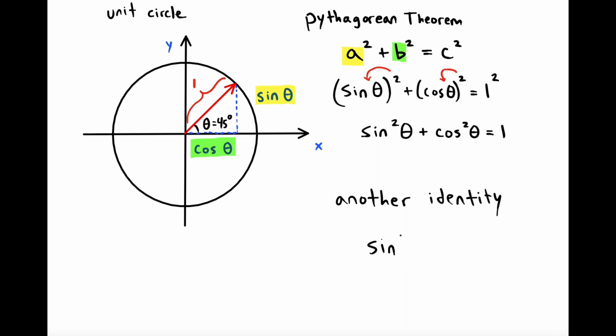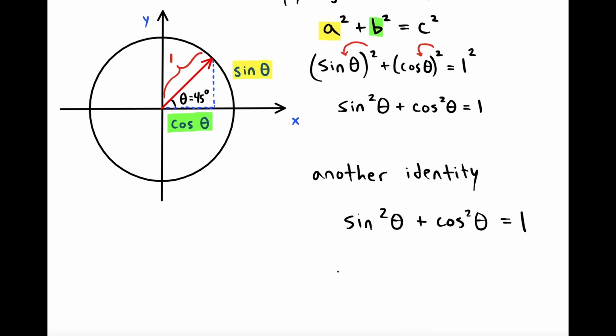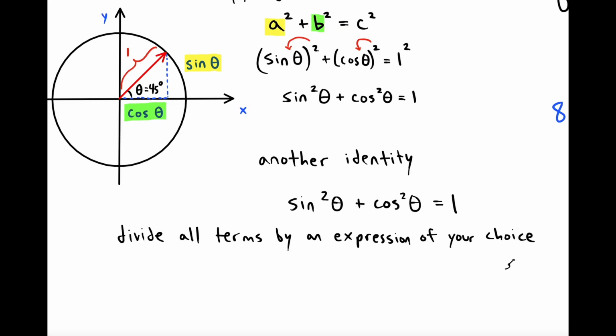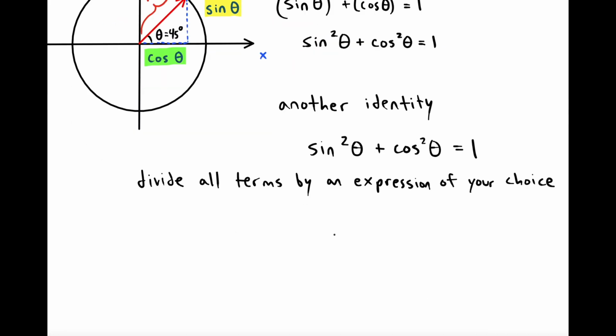Start with sine squared theta plus cos squared theta equals 1. And then what you do is you divide all terms by an expression of your choice. So what would be a good choice here? We could divide by sine squared theta. Okay, so what would that look like?